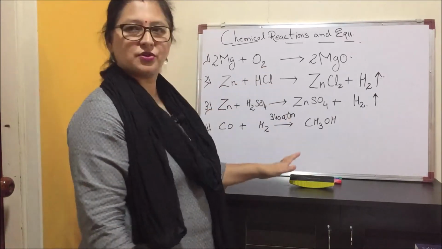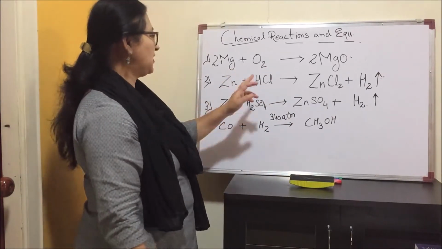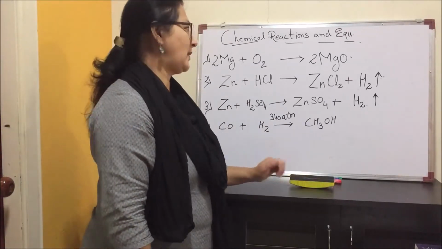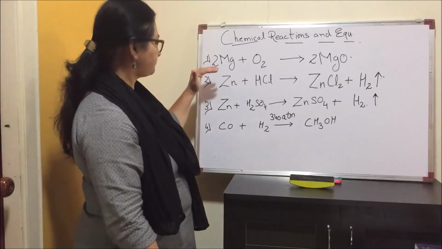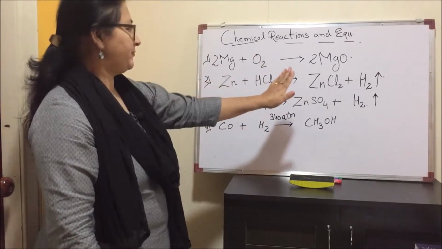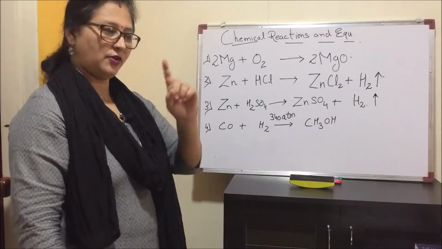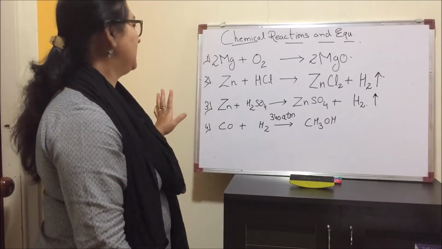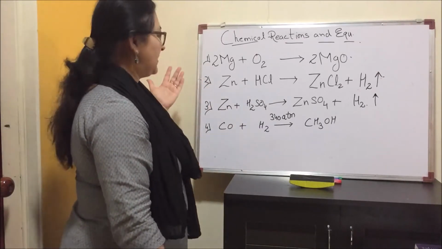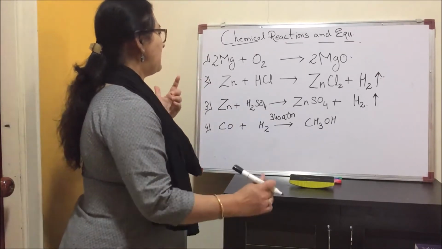The very first equation of your book is magnesium when reacted with oxygen gives magnesium oxide, right? Before you come to any conclusion, you have to write the equation and then you have to balance the equation, right? I have taught you how to balance the equations. So let's see whether the equation is balanced or not.